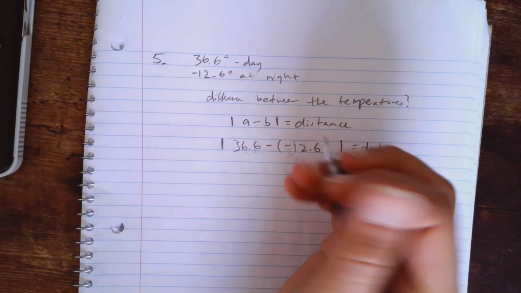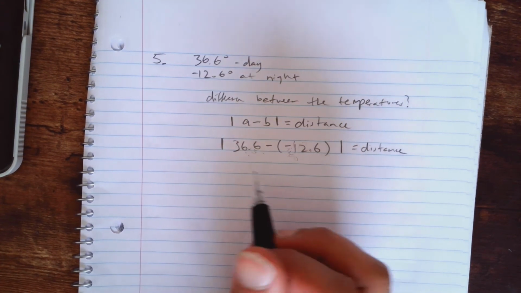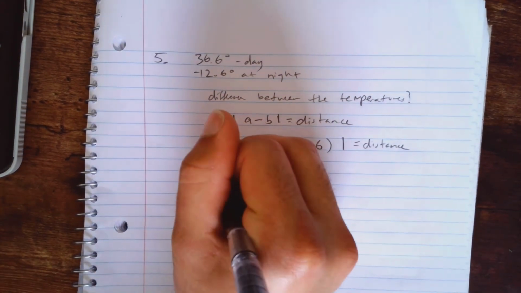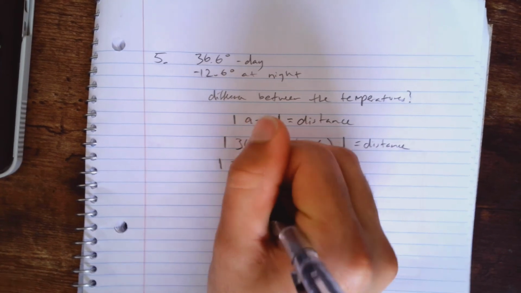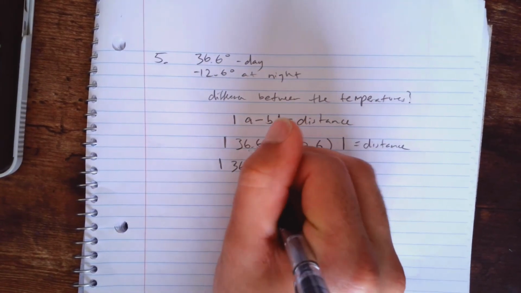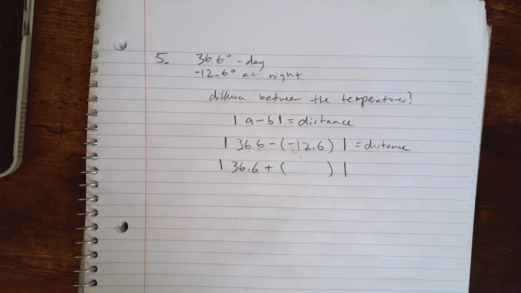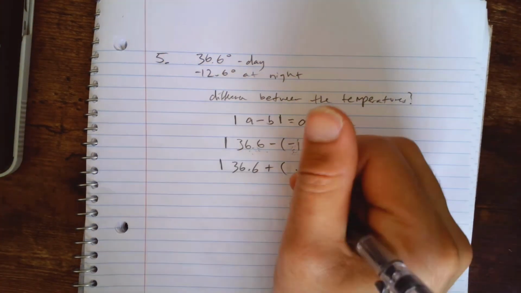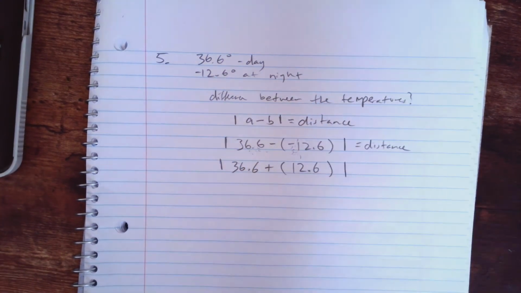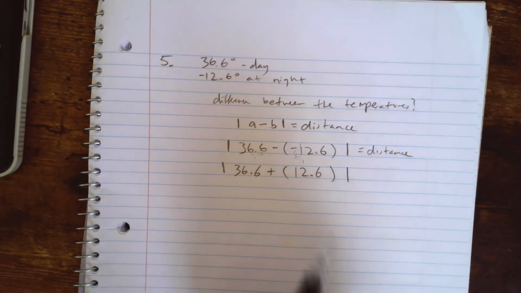So I have the absolute value, 36.6 plus, what number goes in my parentheses? Good. Now, I know how to add two numbers with the same sign.